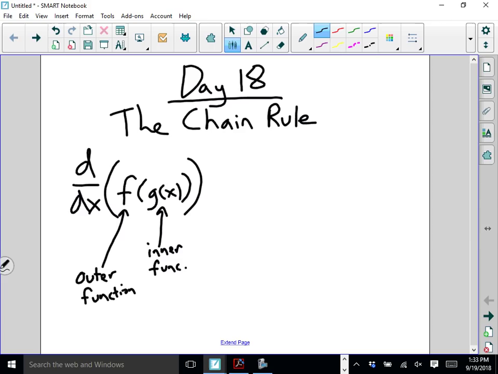And the chain rule in words is going to be the derivative of the outside with respect to the inside times the derivative of the inside. So it's going to look like this.